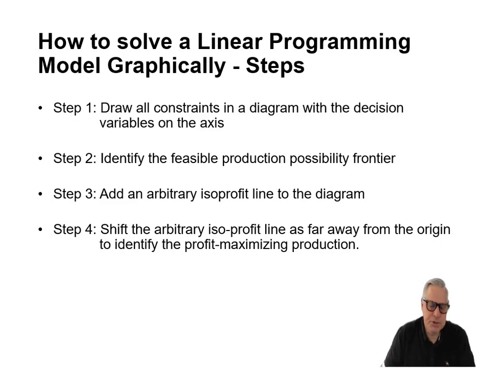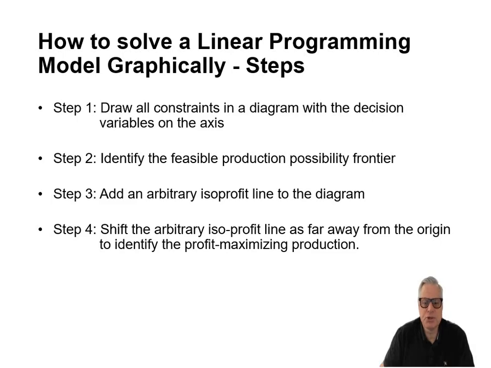And that is maybe still at this point pretty clear. What might be not clear at this point is that step 3 is to add an arbitrary isoprofit line to the diagram. And then step 4, we shift the arbitrary isoprofit line as far away from the origin to identify the profit maximizing production. So if step 3 and step 4 are not clear yet, don't worry, they will become clear in a couple of minutes.